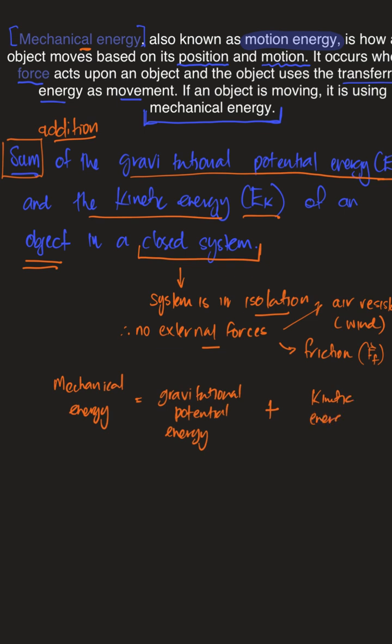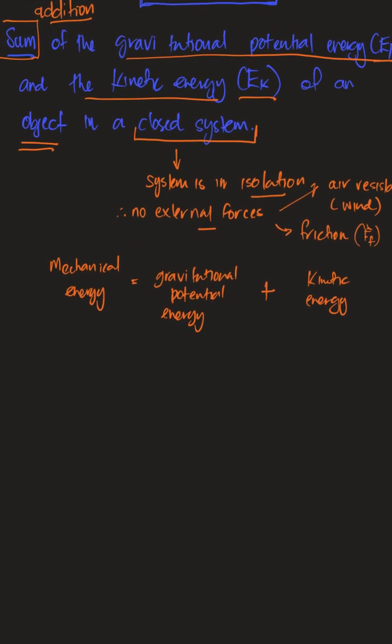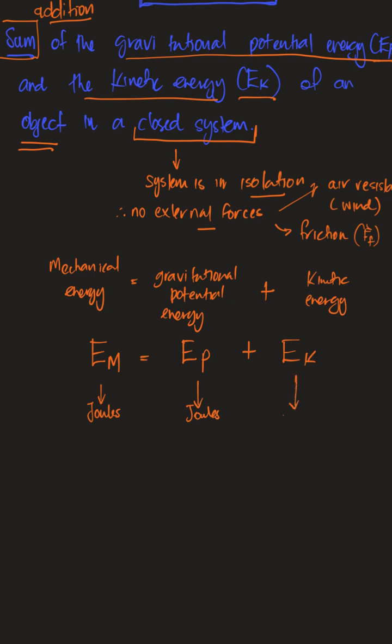And if I had to write that in a formula, the symbol we're going to use for mechanical energy is capital letter E subscript M is equal to the gravitational potential energy, which is your EP, plus your EK. Right, this is measured in joules, this is measured in joules, and this is also measured in joules. And we use the capital letter J like we did before for each of these.